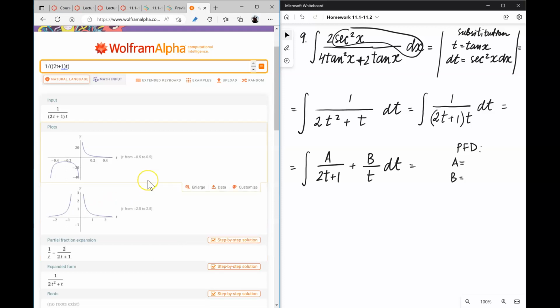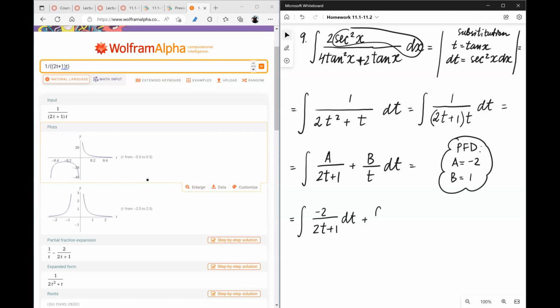That means my b is equal to 1, and my a is equal to negative 2. So the final integral, not the final answer yet, but the integral is this.